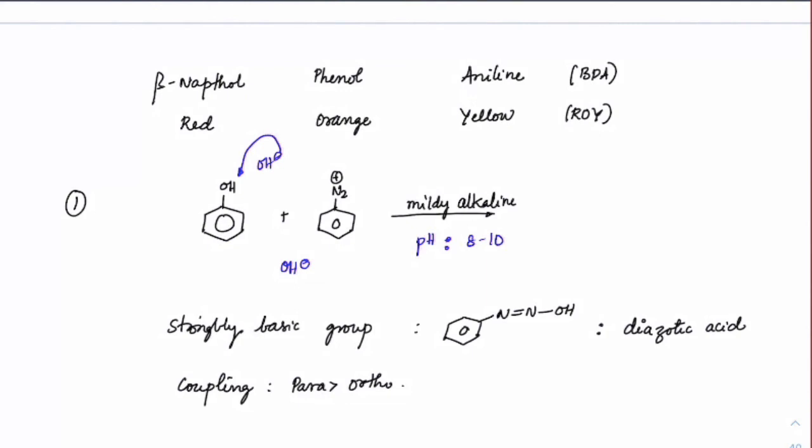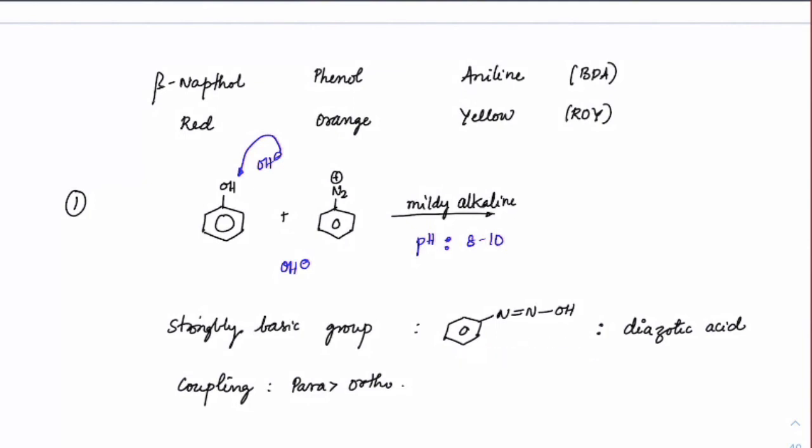But the problem is, if I take a strong basic solution, this OH minus can directly attack this diazonium salt and form this, which is called diazotic acid. So instead of the actual coupling reaction, we will only see OH minus attacking here and forming diazotic acid.